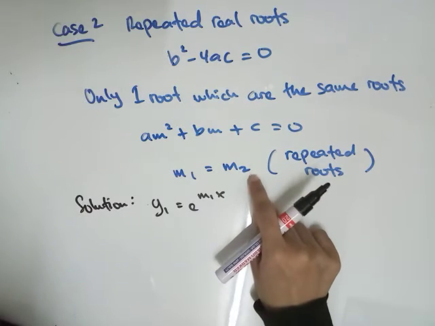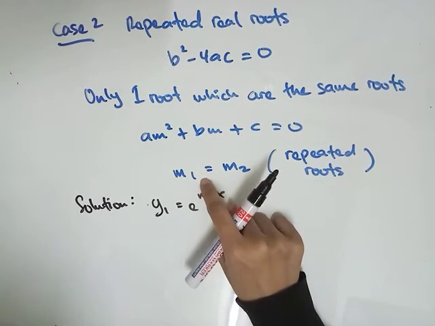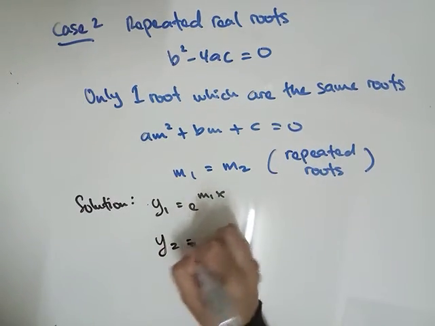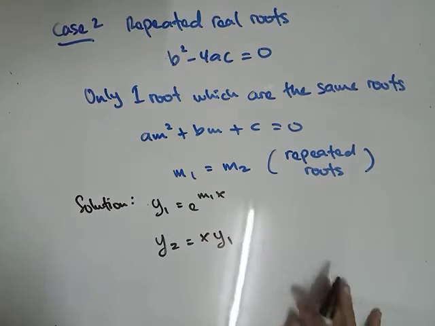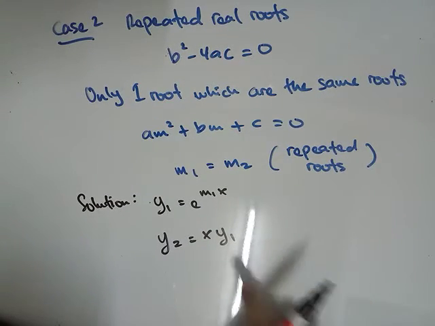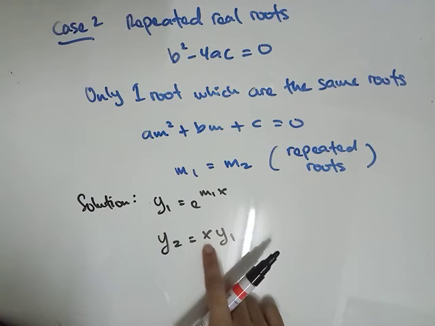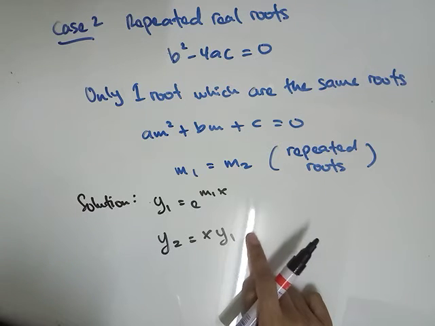Because m2 is equal to m1, how do we solve for the second solution? y2 is equal to x y1. You need to multiply y1 by x. We call this reduction of order.